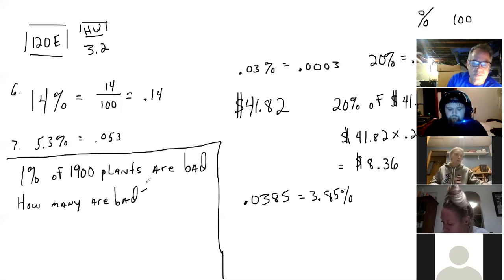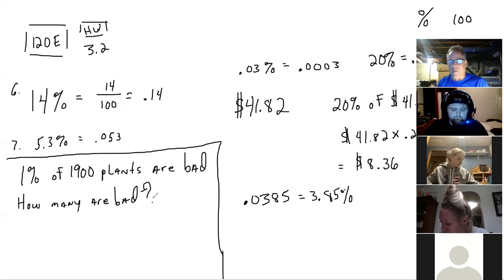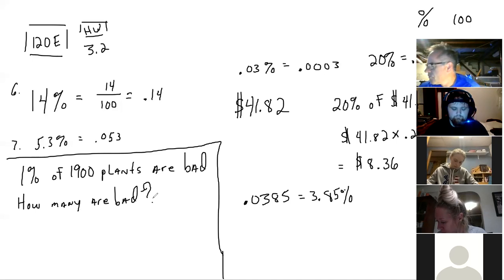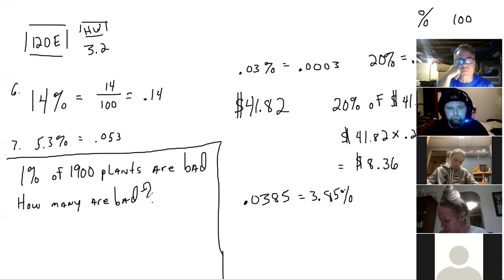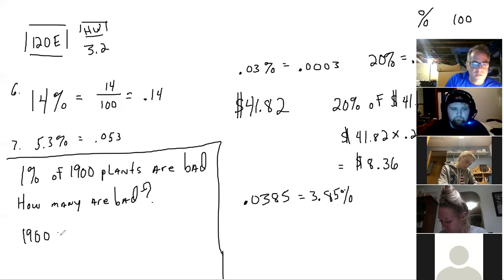That is poisonous, right. I need the number. Out of that 1,900, how many would actually be poisonous? 19. Multiply the 1,900 by 0.01. And that gives you 19.